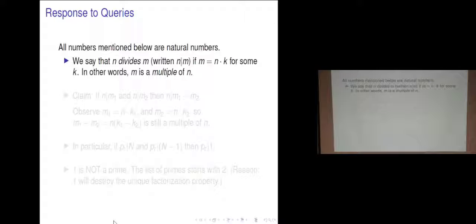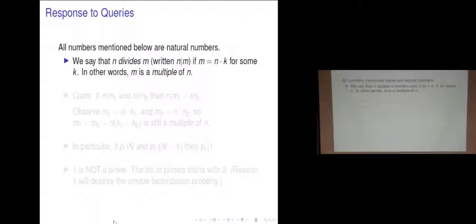This is a part of the proof of Euclid's theorem where I use some knowledge about numbers. Let's go through these basics. In the discussion in this slide, all numbers mentioned will be natural numbers, otherwise I have to say natural numbers over and over again.